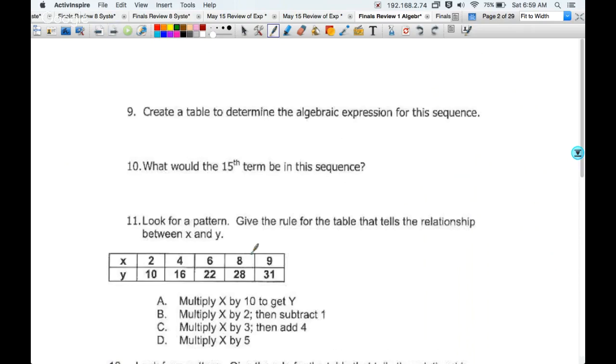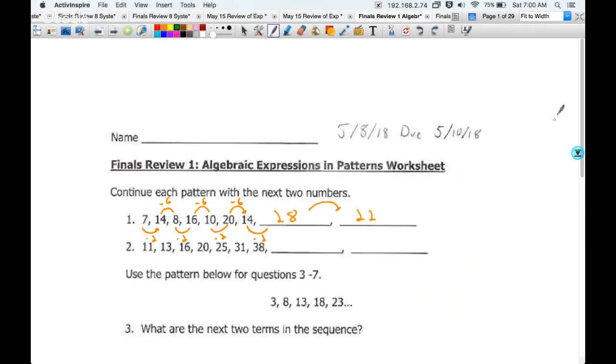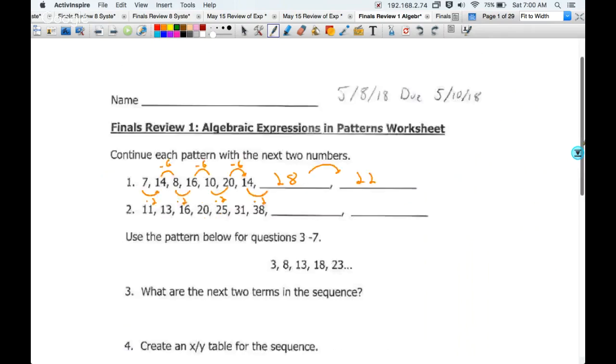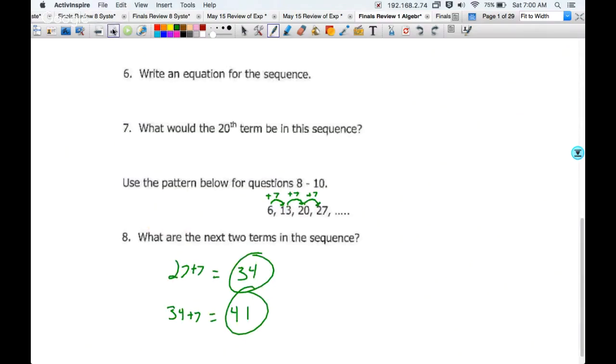Create a table to determine the algebraic expression for this sequence. So create a little XY table. Now I leave a blank in my XY table because I don't know what the 0th term is, but I know what the first term is. The first term was a 6 followed by a 13.